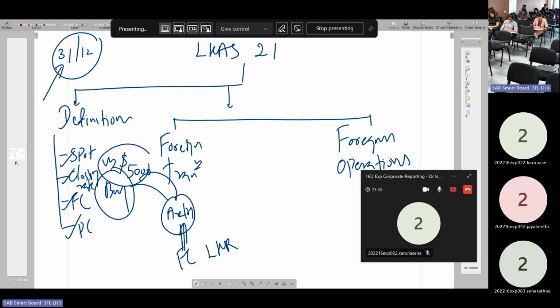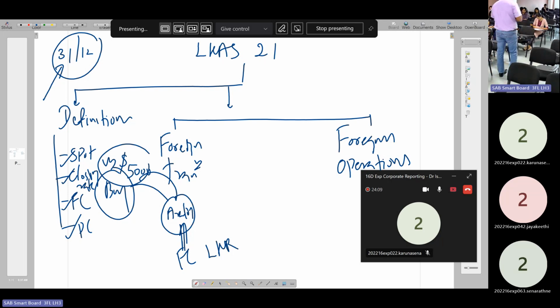Did you get that point? Functional currency needs to be derived; we cannot select it. There are conditions to be satisfied. But presentation currency can be any currency in which we are preparing the financial statements. In most cases, functional currency and presentation currency are the same.